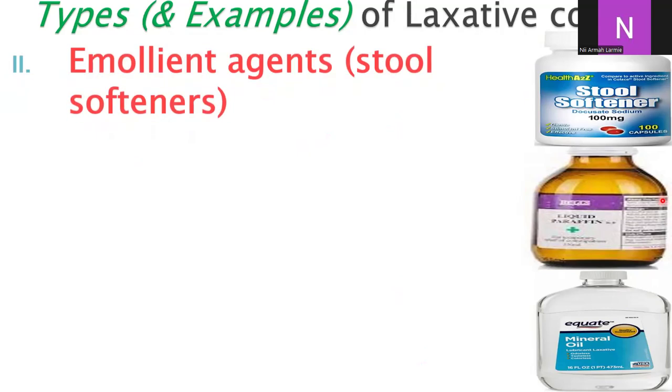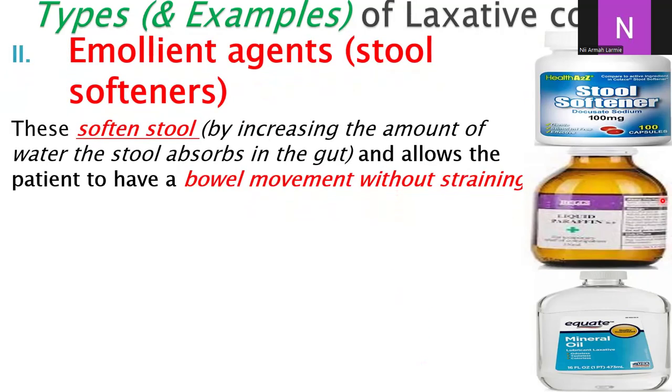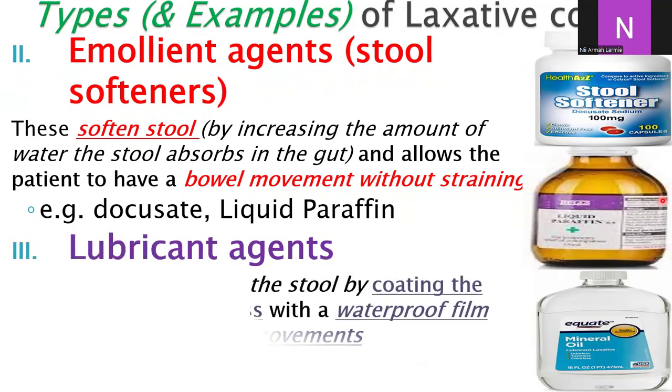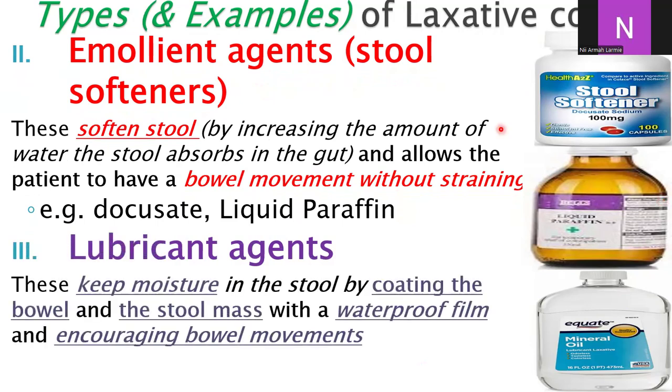Now, the next example are the softeners, the emollient agents. Now, as the name also indicates, this group softens the stool content. So they are stool softeners. And mostly they do so by increasing the water that is in the stool.